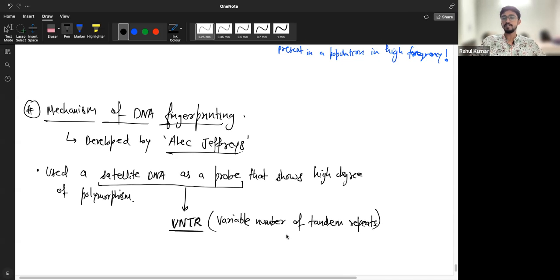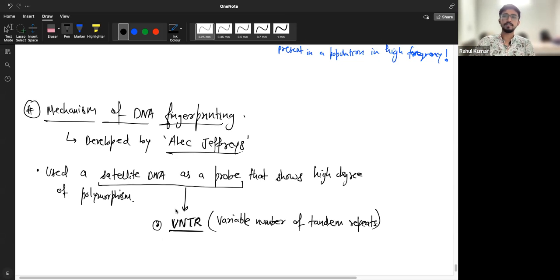The name itself says variable number. So it can be any stretch that you take and make as a probe and you call it VNTR. So VNTRs are the soul, the crux of DNA fingerprinting. We do it through this.